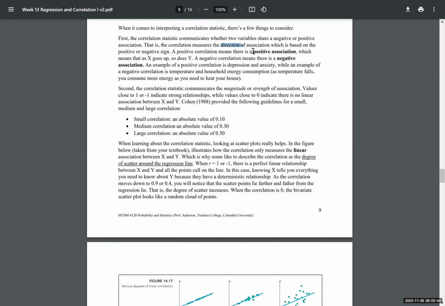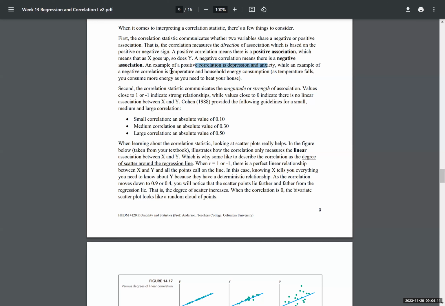This can be positive or negative. If it's a positive association, that means that as X goes up, so does Y. If it's a negative correlation, that means there's a negative association, and as X goes up, Y goes down. So for example, a positive correlation: depression and anxiety. On average, as depression goes up, anxiety goes up as well.